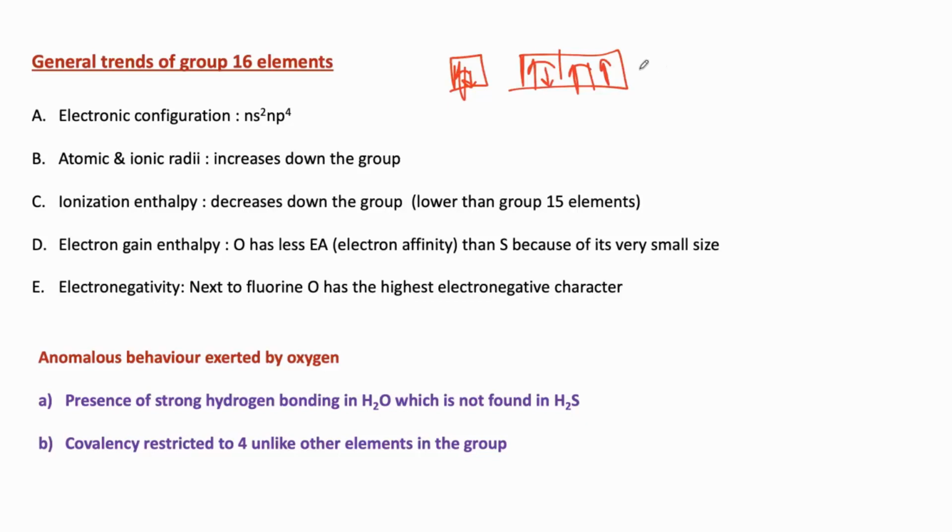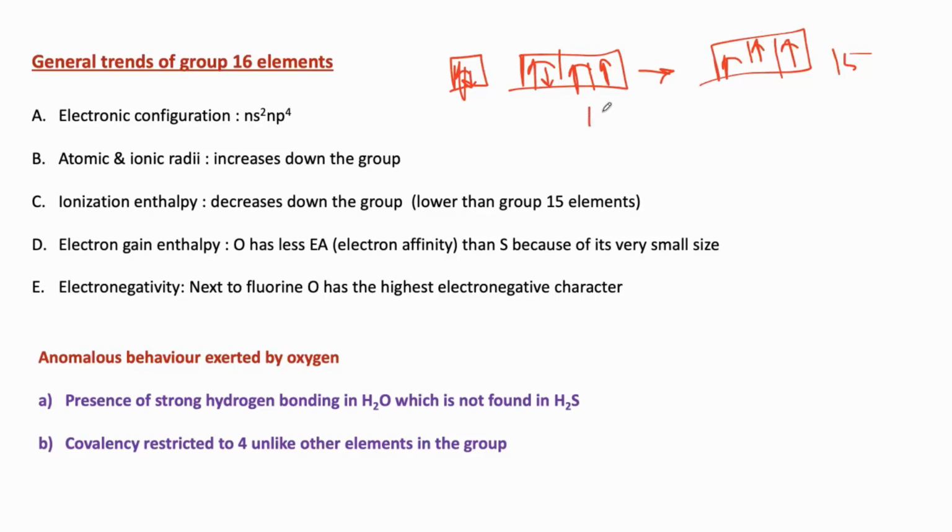In this case, you can see if we can pull off the last electron from the valence shell, the corresponding configuration will be ns2 np3, which is the electronic configuration of group 15 elements.